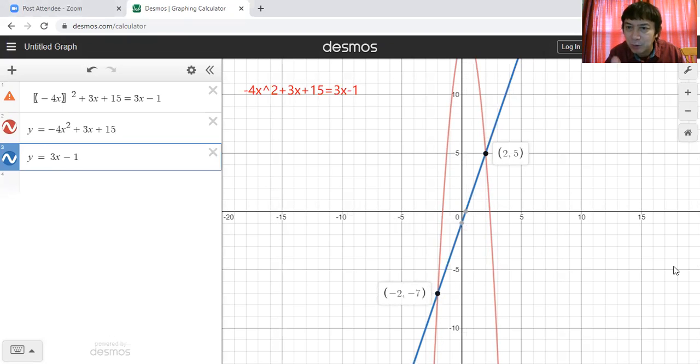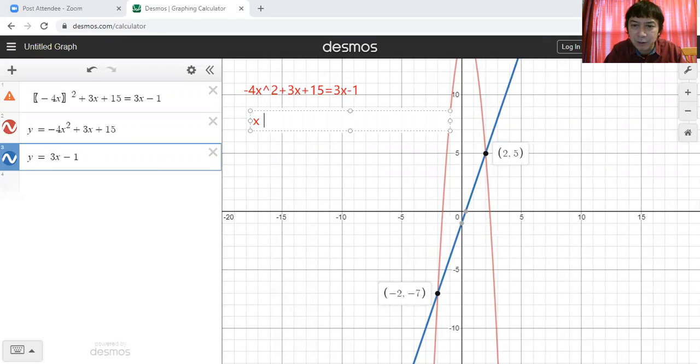So 2, 5. That's the first point. The other point is at the third quadrant, negative 2, negative 7. So the values of x here, we have x at negative 2 and x equals positive 2. We can now display our answer.